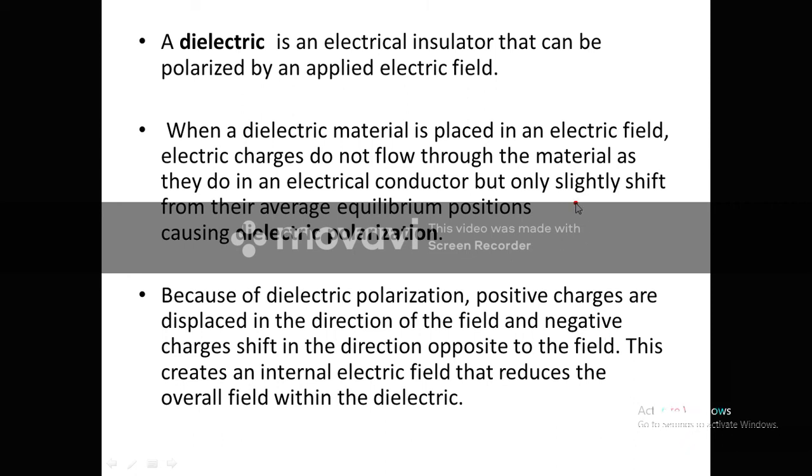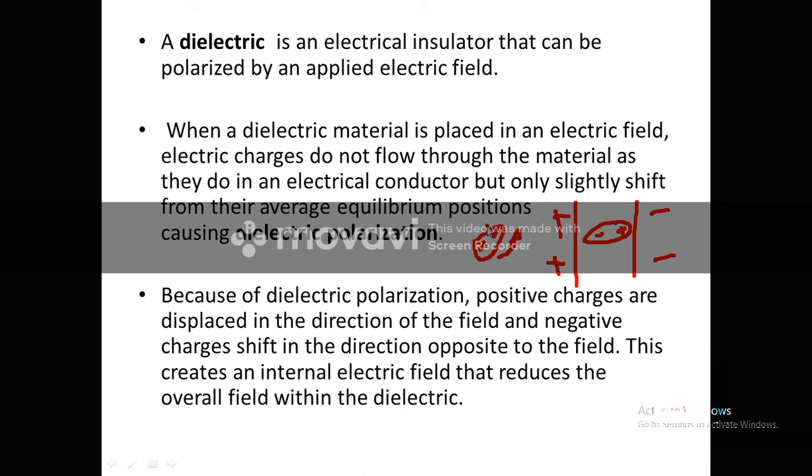For example, if we have this field, and these were not placed in the electric field, so when these are placed in the electric field, for example, this is the positive charge plate, this is the negative charge plate, then it will be polarized, it will rotate in this direction.